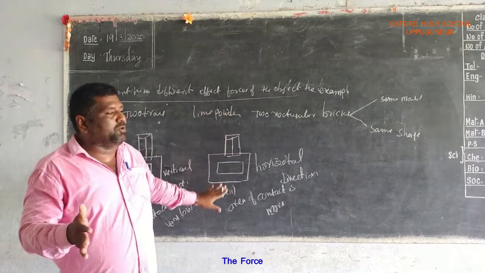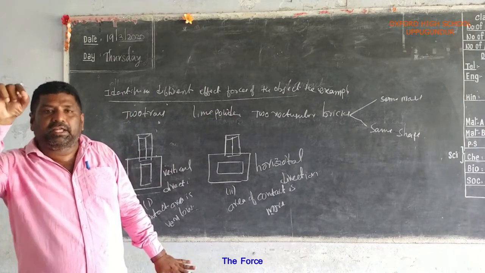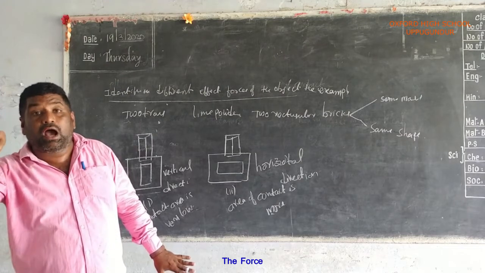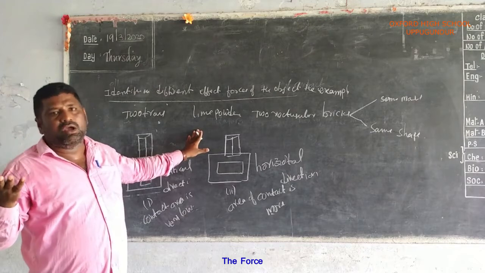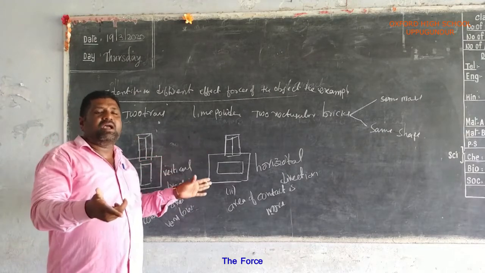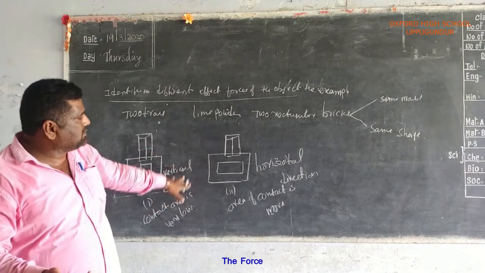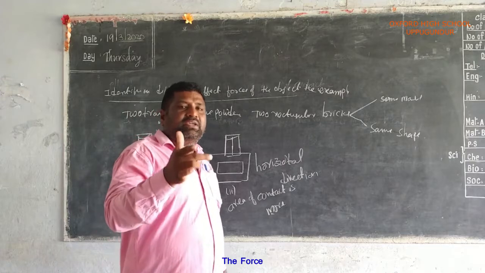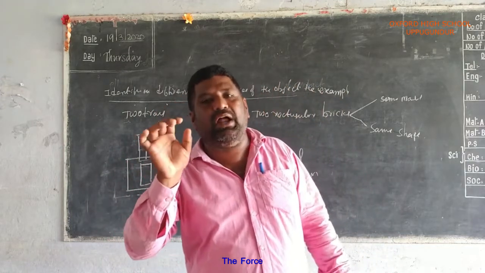So in these examples, we observe that the effect of force definitely depends on the area of contact. The talapaga has a very high contact area, school bag straps are broad, and lorries have a number of tires. So in the three examples, we observe that the effect of force depends on the area of contact.